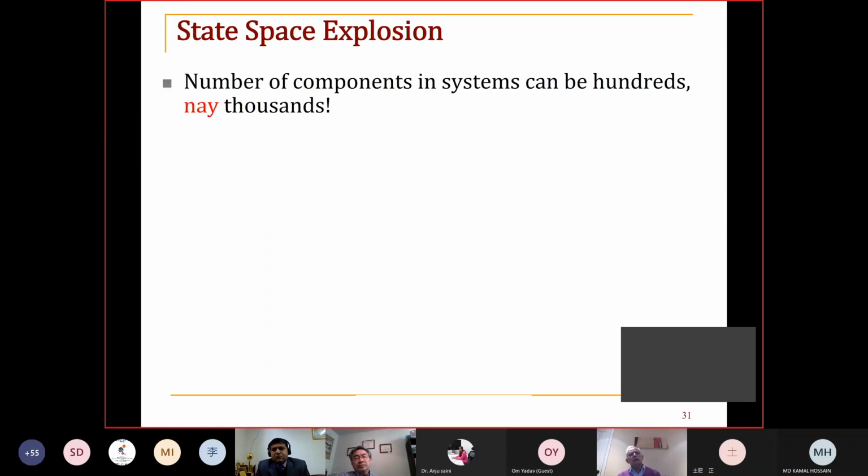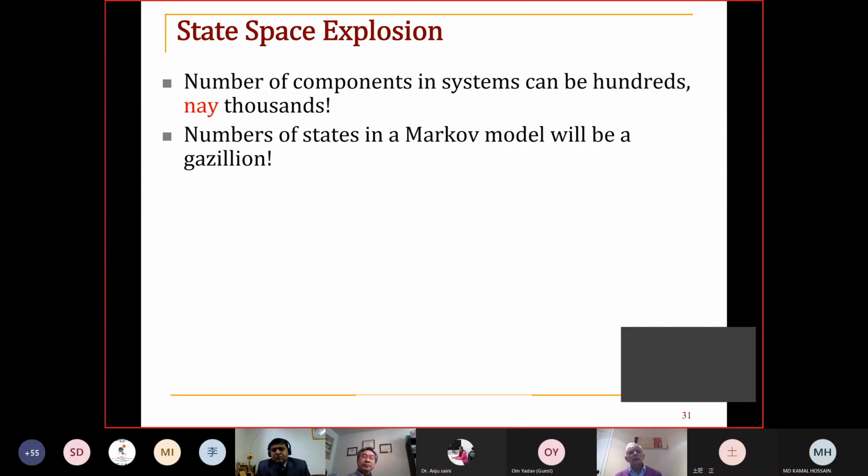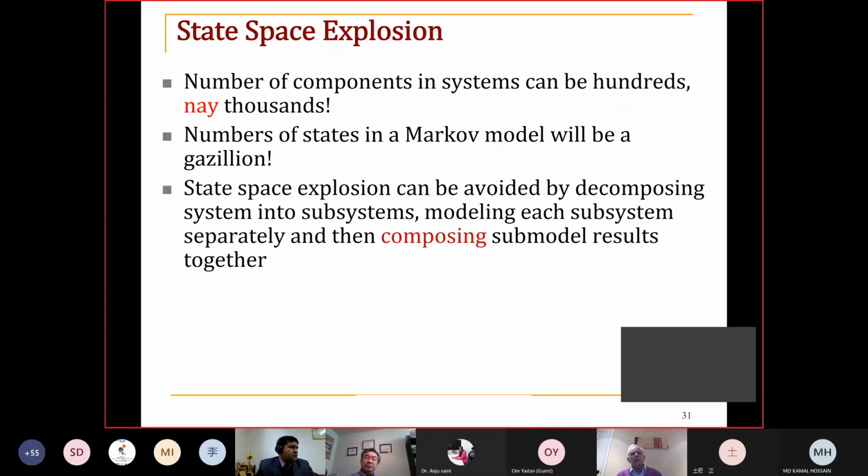So, state space explosion. The number of components in systems can be hundreds or thousands. And the number of states in a Markov model will be, as my grandson will tell you, a gazillion states, whatever gazillion means. Impossible to deal with. So what do we do? Well, state space explosion can be avoided by decomposing the system into subsystems, modeling each subsystem separately, and then composing the submodel results together.